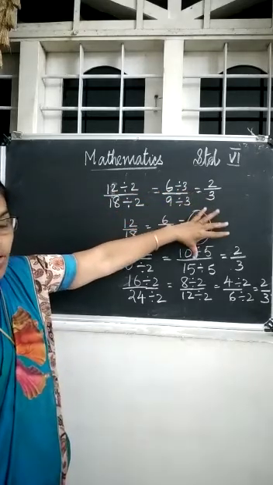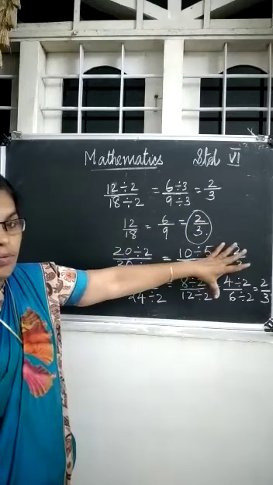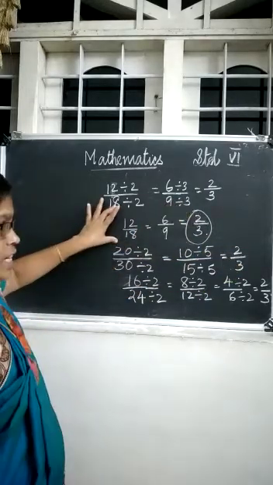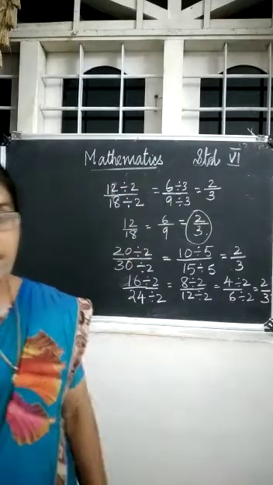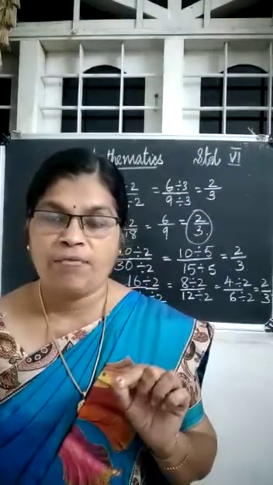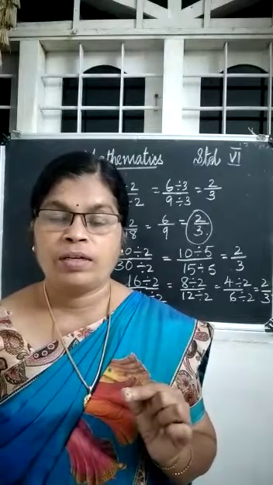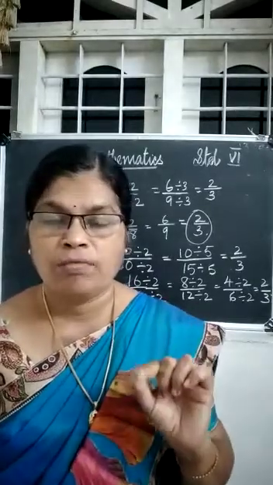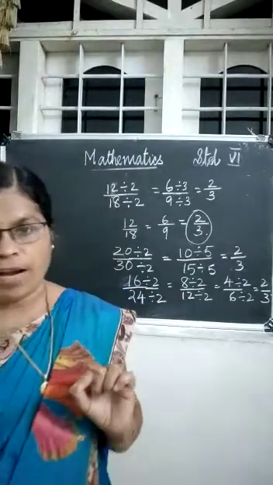Here there is no common factor to divide, isn't it? So that form of this fraction is called the simplest form of the given fraction or simplified form, or one more word we can say, that is the standard form of the given fraction.